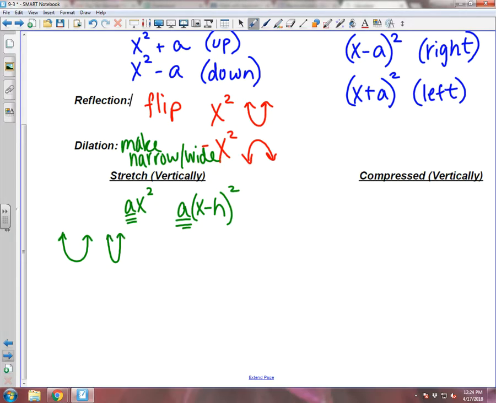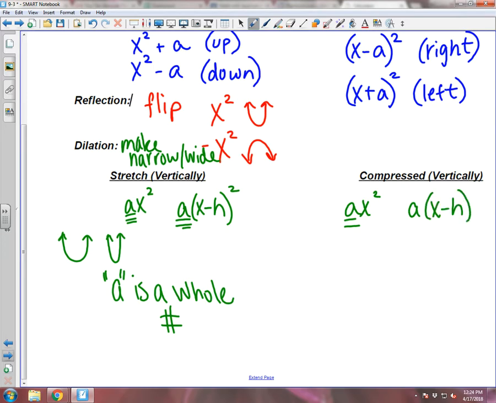And that happens when A is a whole number. It would be compressed if you've got this number attached to the squared term. If it's going to be compressed, it's going to go from a normal shape to being wider. It's kind of like it's being smushed. It's being compressed. And that's if A is a fraction.